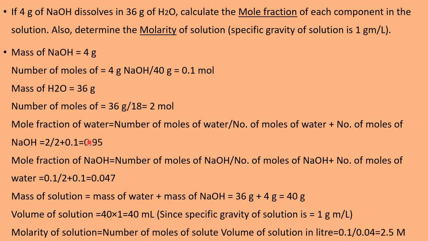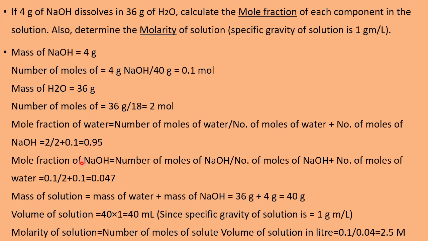Now how many components are there in the solution? Only 2, and we know that the sum of the mole fractions of the components equals 1. So instead of going for the next step, once you know the mole fraction of water equals 0.95, you can subtract from one to get the mole fraction of the other. Otherwise, calculate separately, left to you.